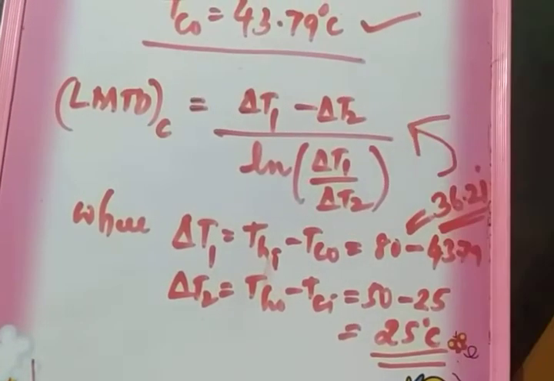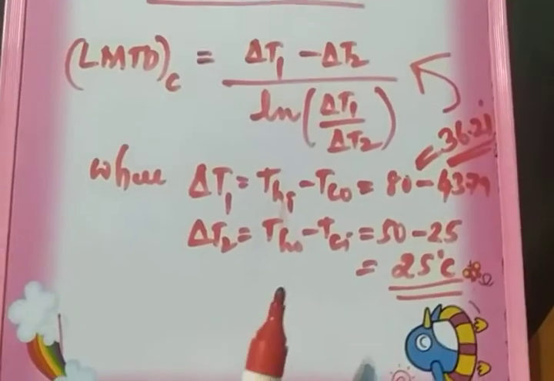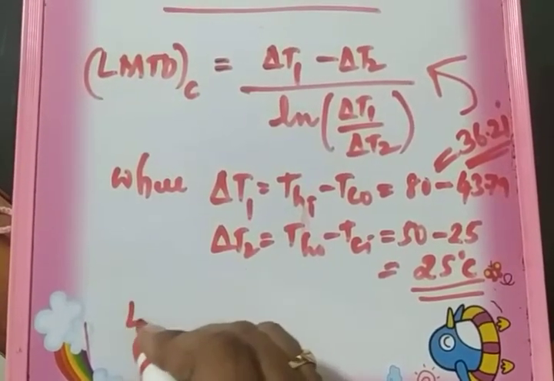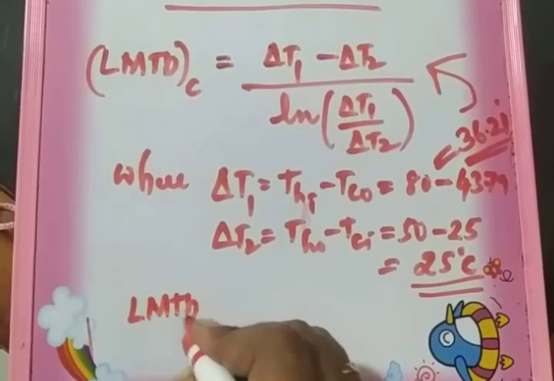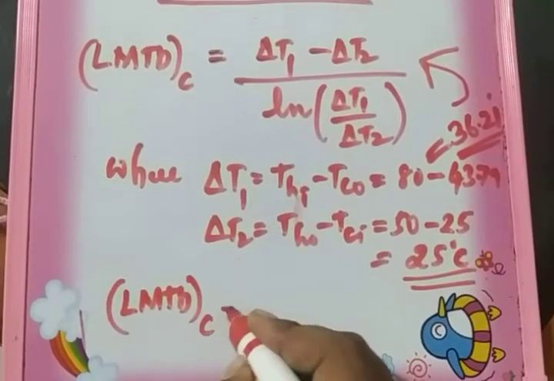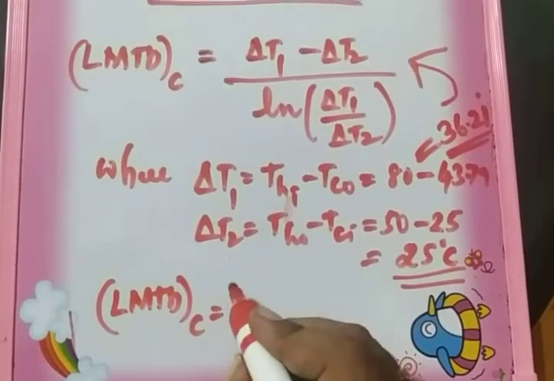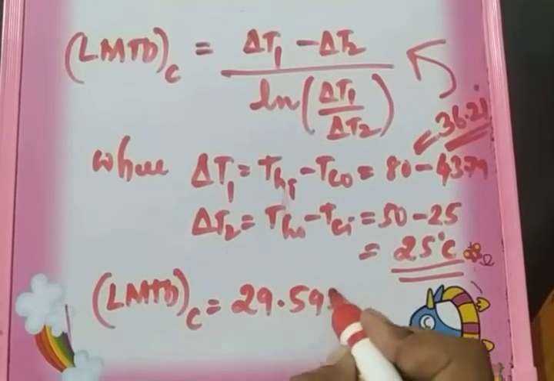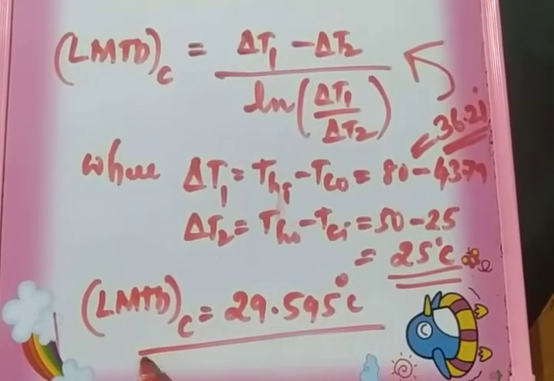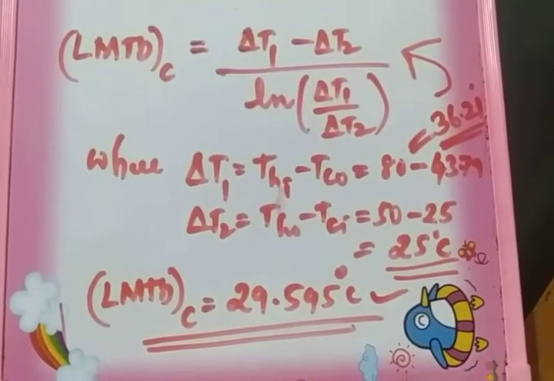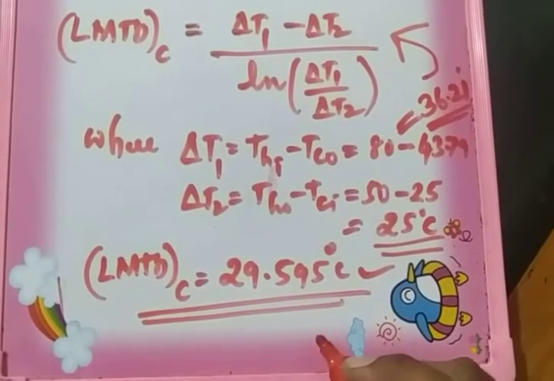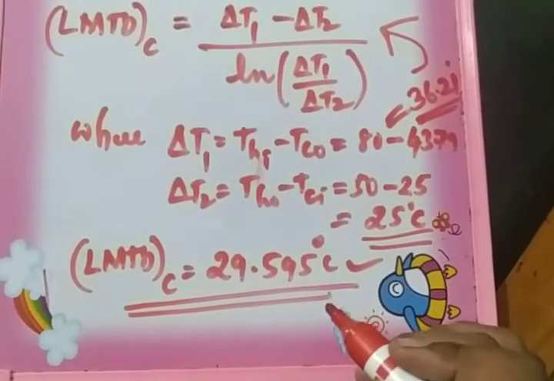Substitute these two values in the above expression for LMTD and you can get the value of LMTD. For counterflow, it comes out to be around 29.595 degrees Celsius. This is the value of LMTD we get. Now let us recollect what we have calculated.